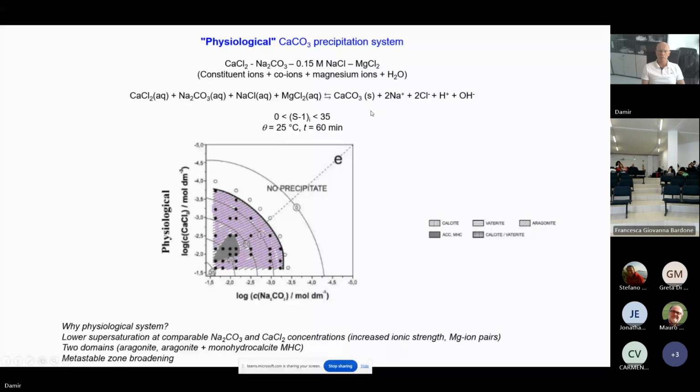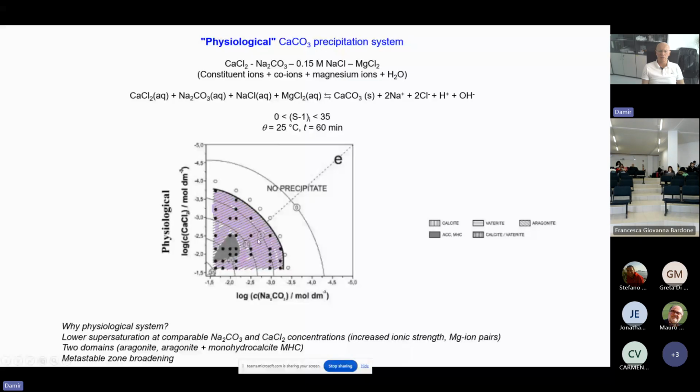The precipitation domain, the supersaturation domain, varied in a range from 35 to 0. Samples were analyzed up to 60 minutes, and the temperature was 25 degrees.